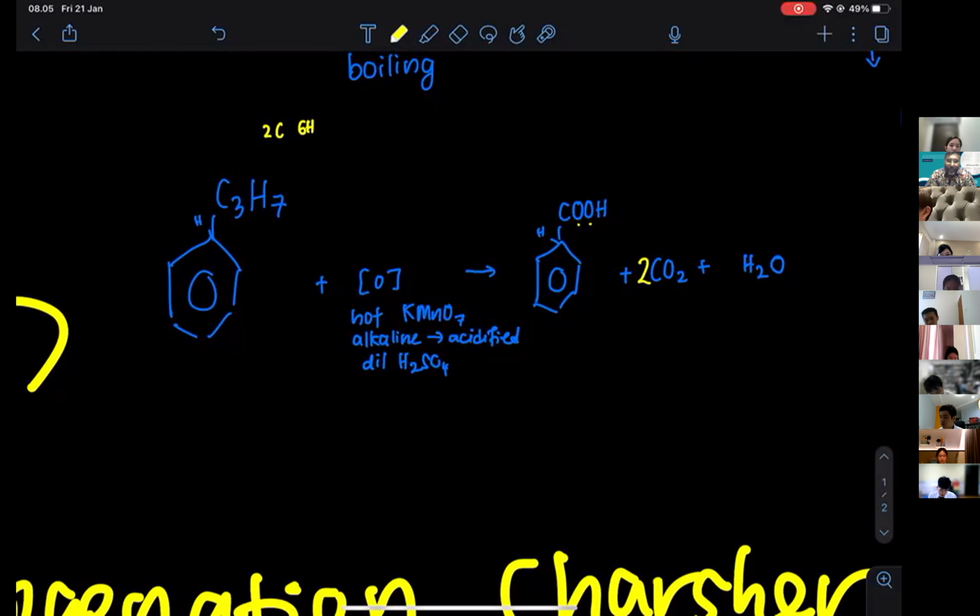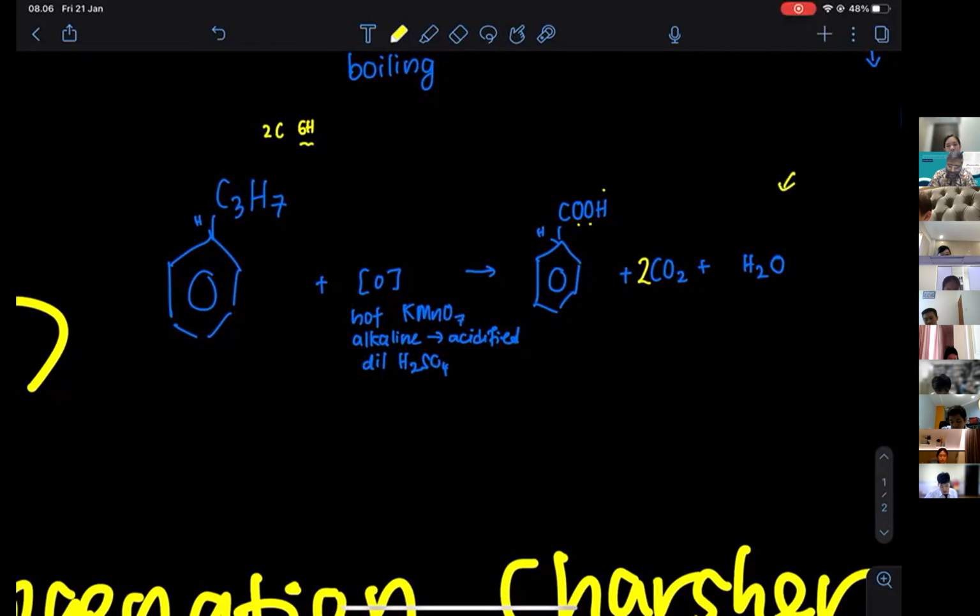Then I am left with balancing the hydrogen before we balance the oxygen. The 6H is not being used, so of course you need to have 6 hydrogen over here.